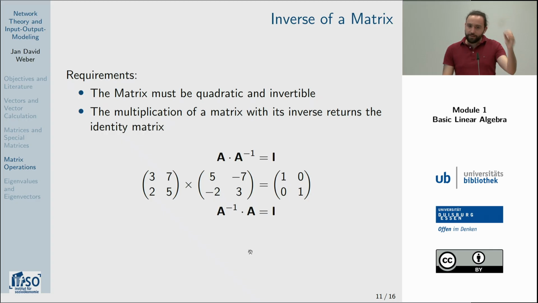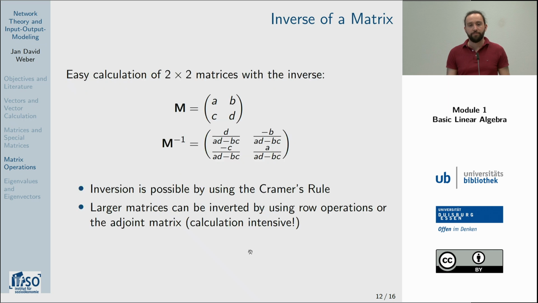This is quite the run-through, but I want to show you an example, especially in a 2 cross 2 matrix, of how you calculate this inverse. So here we have this matrix A, B, C, D, and its inverse can be done quite easily in your head by Cramer's rule.